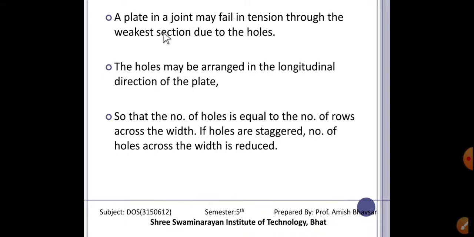A plate in a joint may fail in tension through the weakest section due to the hole. The holes may be arranged in a longitudinal direction of the plate, that we discussed. So the number of holes is equal to the number of rows across the width. If the holes are staggered, the number of holes across the width is reduced, that we know.